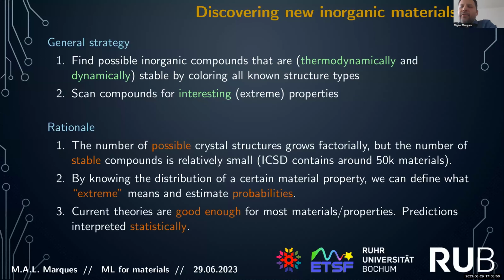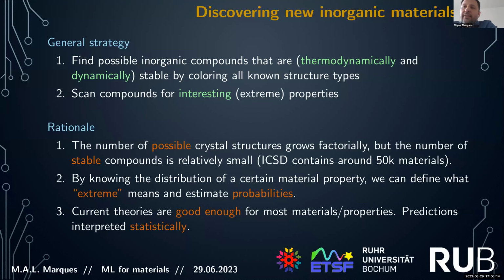The rationale for this strategy is the following. It is true that the number of possible crystal structures grows factorially with the number of chemical elements, with the size of the unit cell, and so on and so forth. But the truth is that the number of stable compounds, thermodynamically and dynamically stable compounds, is relatively small.